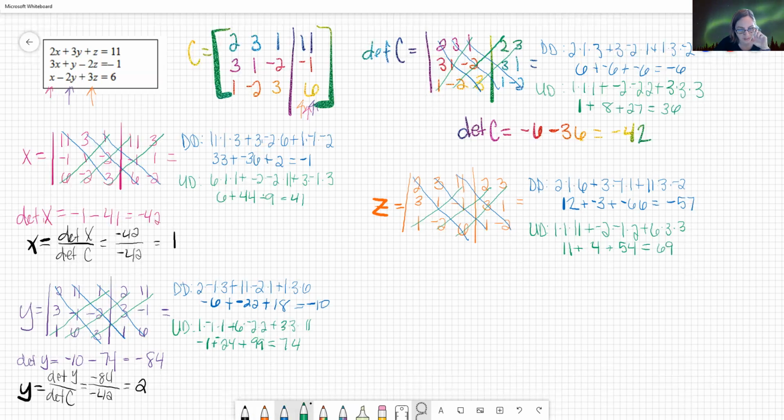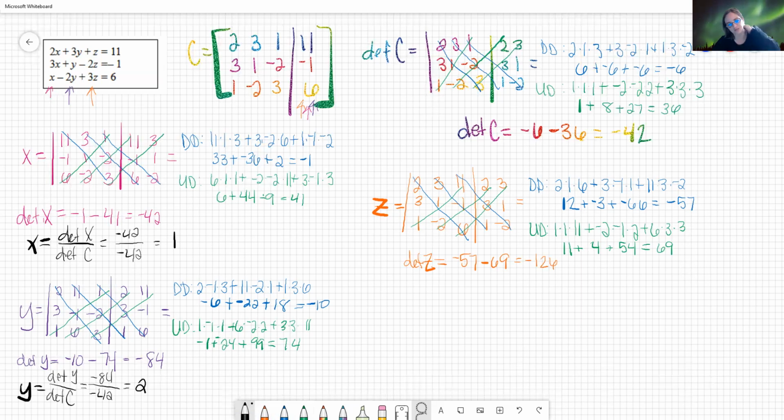I can use this to find the determinant of Z, which is negative 57 minus 69. Negative 57 minus 69 is going to give me negative 126.